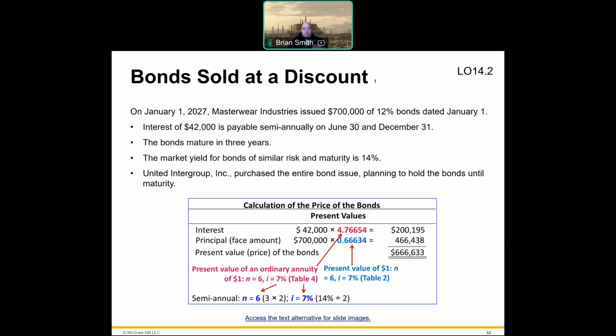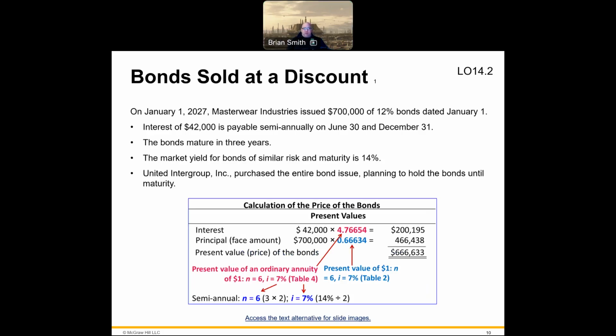Oh, sorry. So to calculate this, we're going to take the 42,000 and take the present value of an ordinary annuity, because that's 42,000 at 6 periods and 7%, because we're going to divide the market percent by 2 and multiply the number of years by 2 because of the semi-annual interest payments.